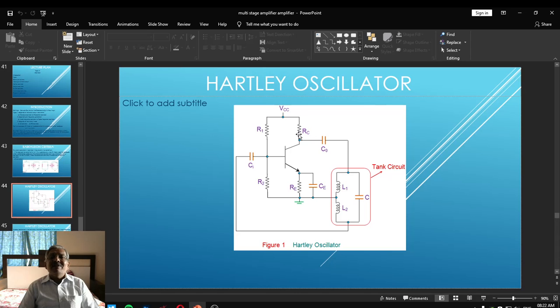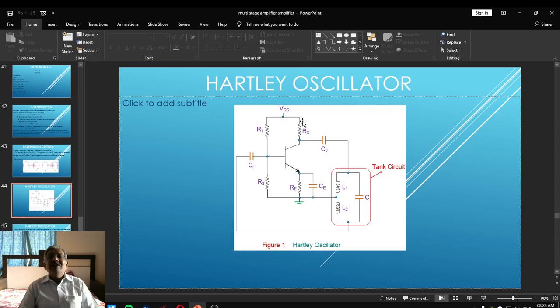The resistance RC, or sometimes this RC is replaced by a radio frequency choke coil, that is RFC. Its role is to act as a load on the amplifier, and also it prevents the high radio frequency current from passing through the transistor, and also it avoids the short circuiting of the supply.